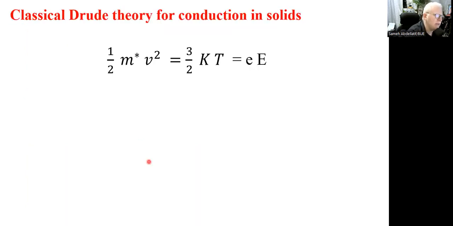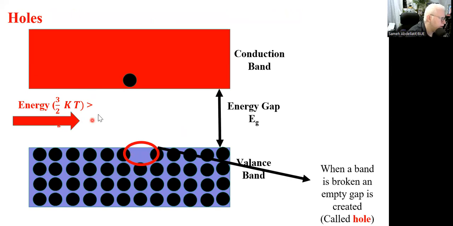So let's do it in a mathematical manner. We have three types of energy. We have kinetic energy, which can be represented as half the effective mass times the velocity squared. We have the thermal energy, which is the intrinsic thermal energy produced or induced in order to generate electrons in the conduction band.